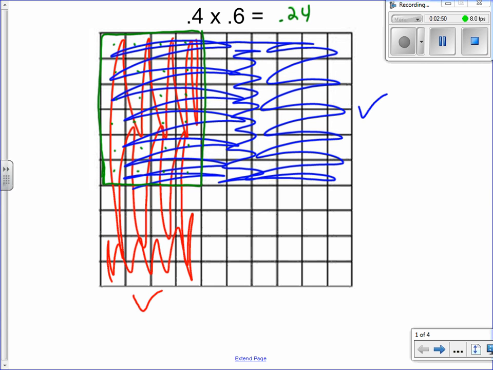So it's 24 hundredths shaded in. And that's what we learned in class before we learned to count the place values. You will have a question very similar to this on the common assessment. So make sure you look at that.